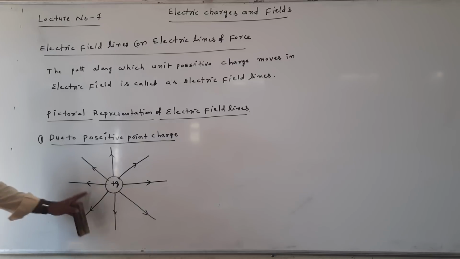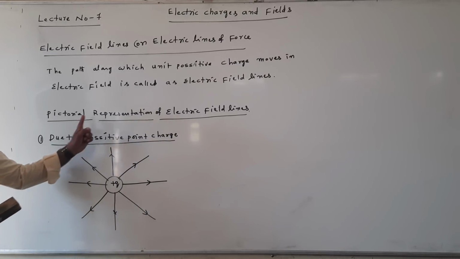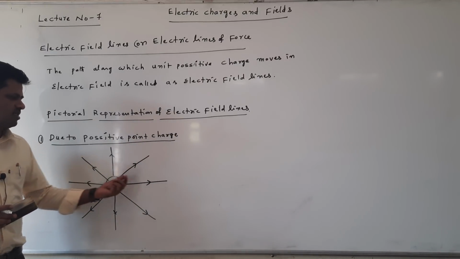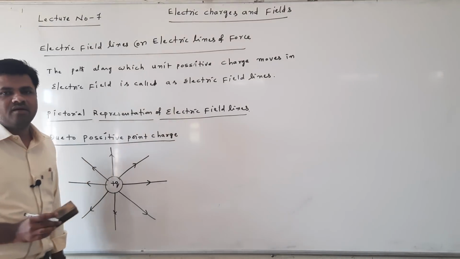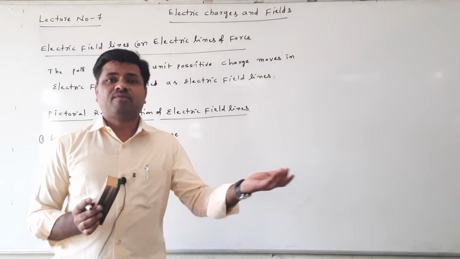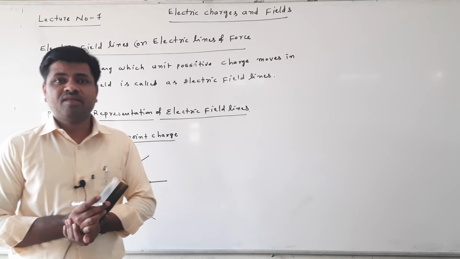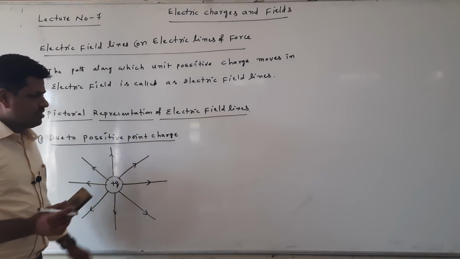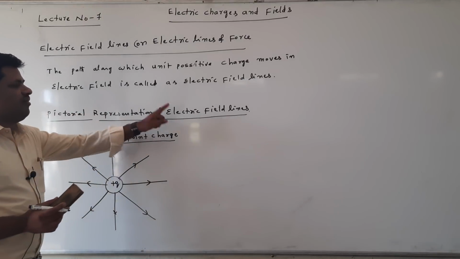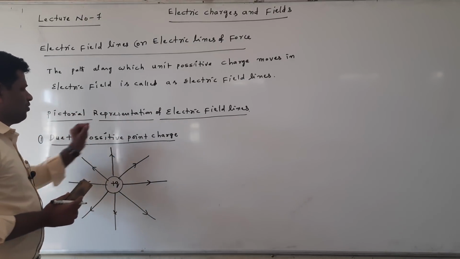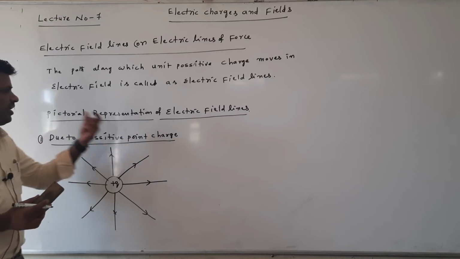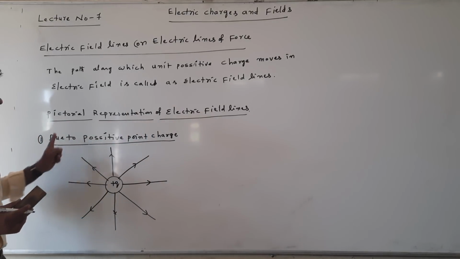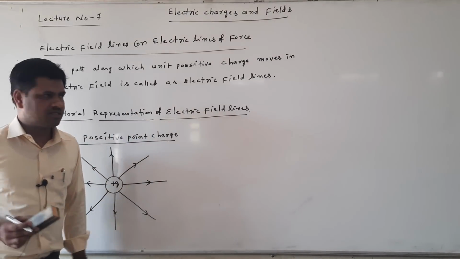That's the reason the electric field lines due to a positive point charge are away from the charge. They diverge from the charge, going away from the positive charge. This is the pictorial representation of electric field lines due to a positive point charge.